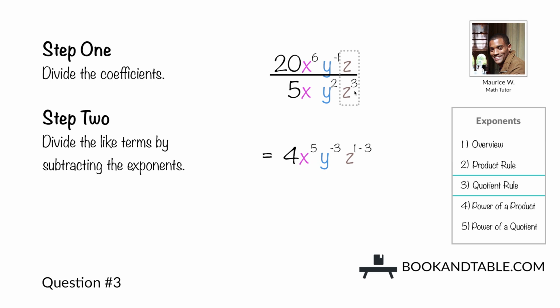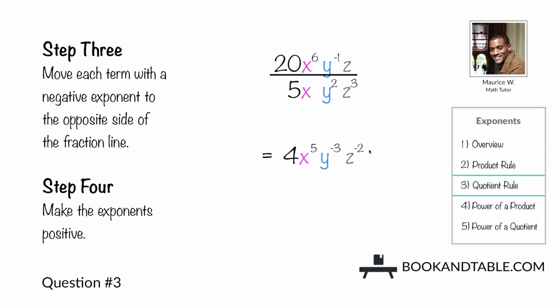And then z divided by z cubed is z to the 1 minus 3, which is negative 2. So we have 4x to the 5th, y to the negative 3, z to the negative 2.